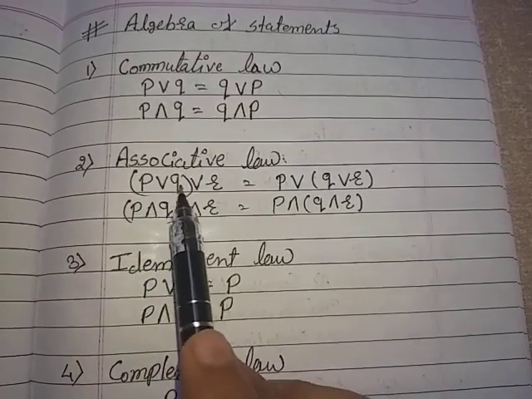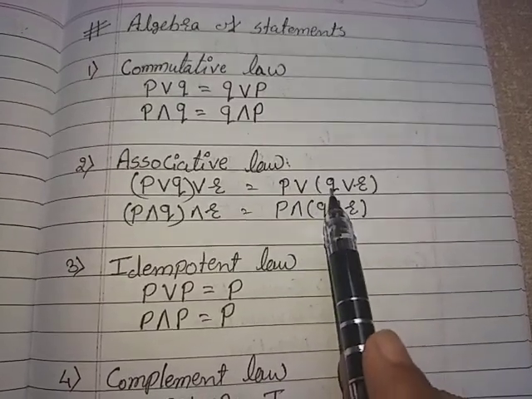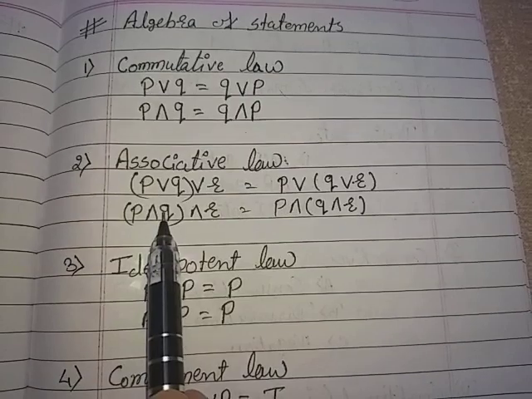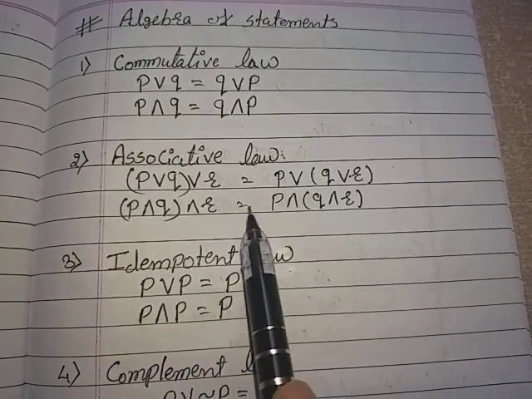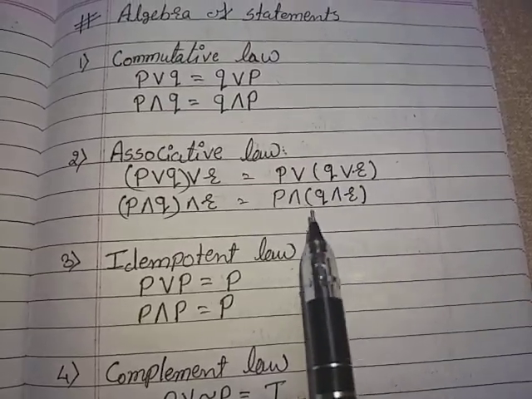P disjunction Q disjunction R is equal to P disjunction Q disjunction R, and P conjunction Q conjunction R is equal to P conjunction Q conjunction R.